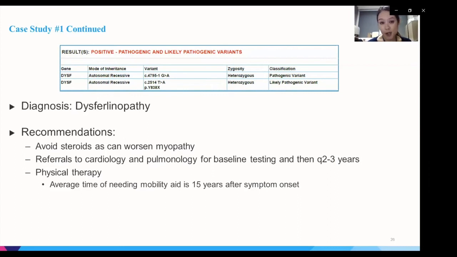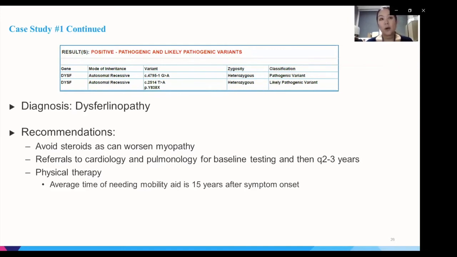The first was a referral to cardiology, because from previous studies, we knew that patients with dysferlinopathy can have left ventricular dysfunction. So we referred him to cardiology for a baseline exam. And we also referred him to pulmonology, as these patients can have restrictive lung disease. And we advised that he continue to follow with them, in addition to neurology, every 2 to 3 years.